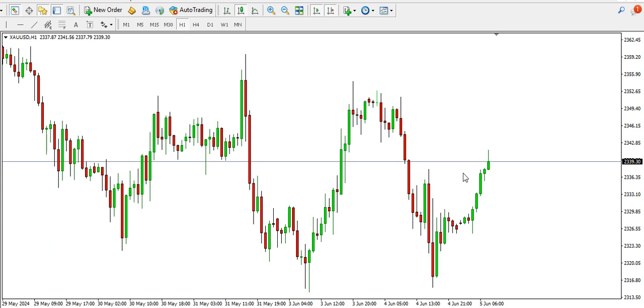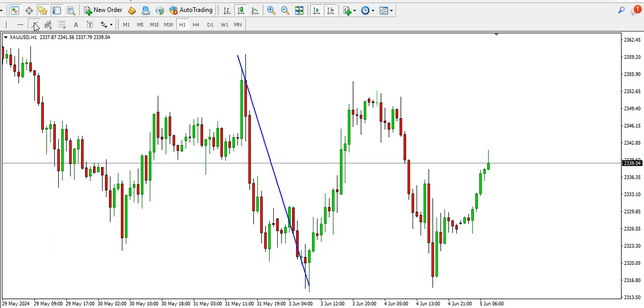The 1-hour time frame also shows, just like the 4-hour time frame, that price is ranging. This looks like price formed a W around here. We have like a double bottom around here.